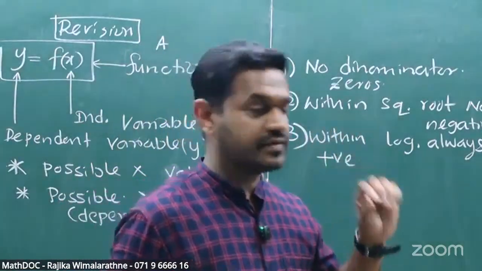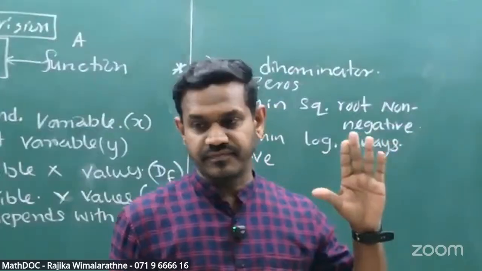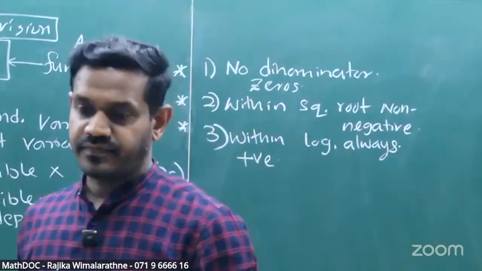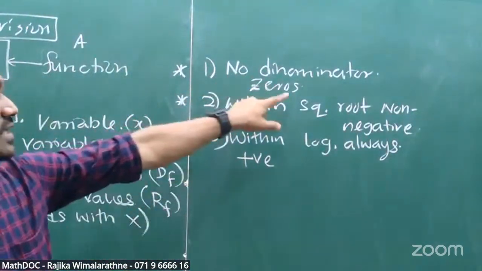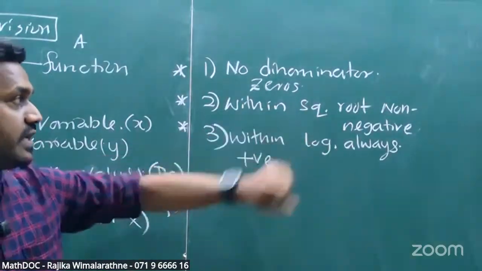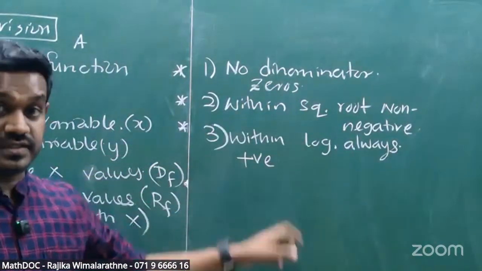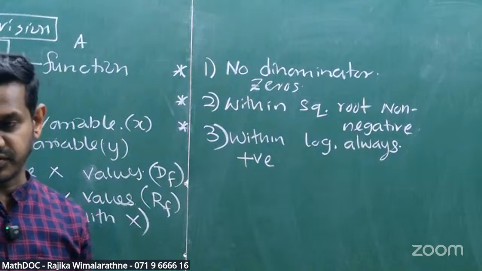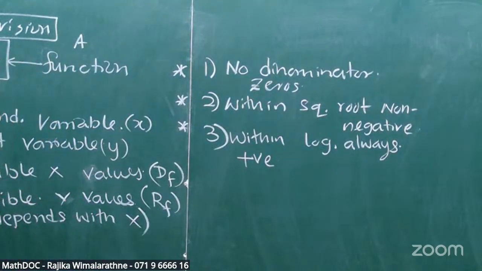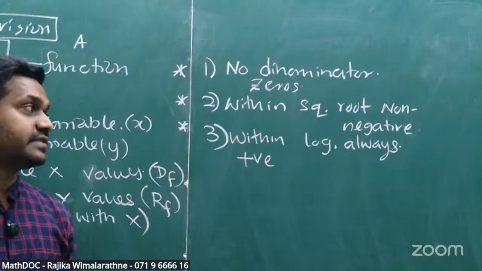Now go to this one and write that as well: no denominator zeros, within square root non-negative, within logarithms always positive.